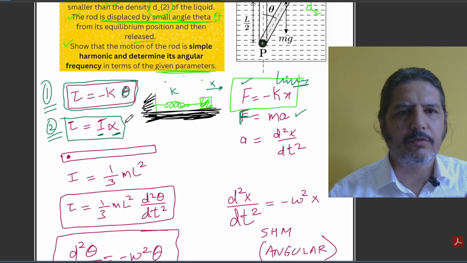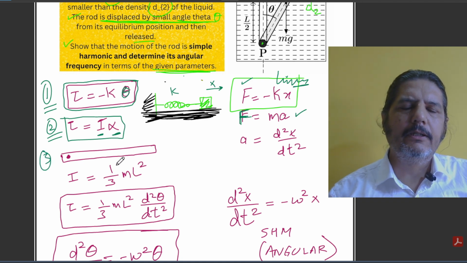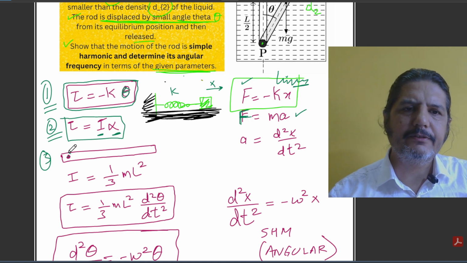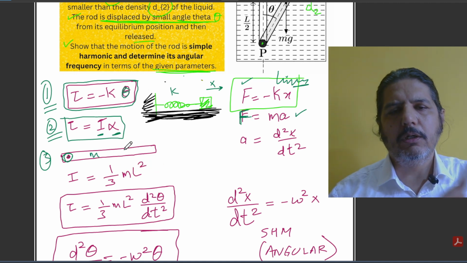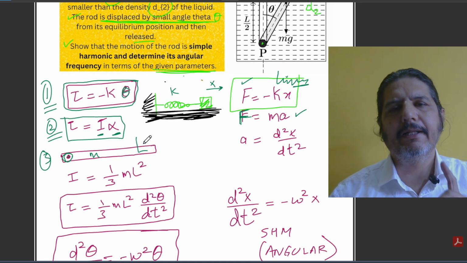So I'll be using this formula. The third formula that I'll be using is the moment of inertia of a rod at one of its ends. If the pivot is this, then the moment of inertia can be given by 1 by 3 ml square, where m is the mass of the rod and L is the length of the rod.